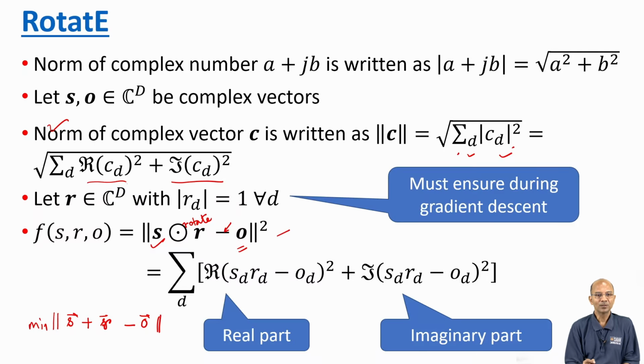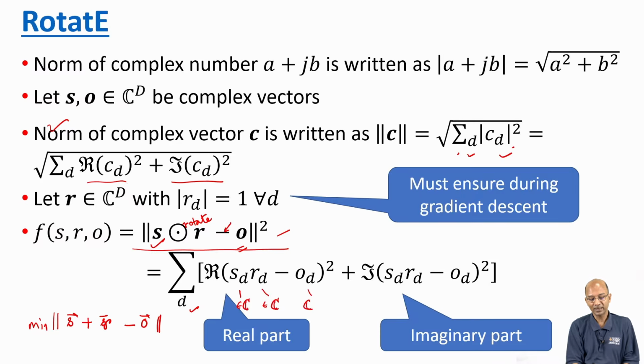It is easy to derive that what's written compactly in this line can be expanded out to be the sum over all dimensions of these complex vectors, the real parts of these numbers. So remember, SD itself is a complex number, RD itself is a complex number, and OD itself is a complex number. Right?